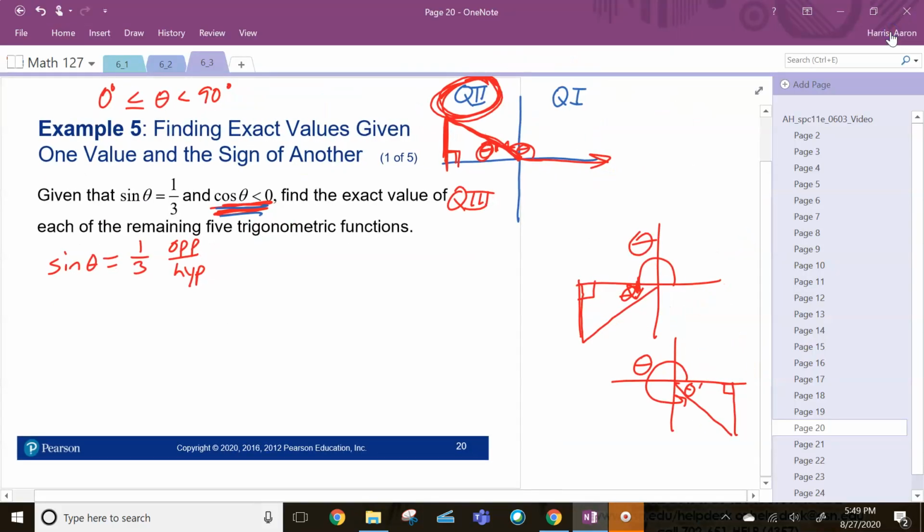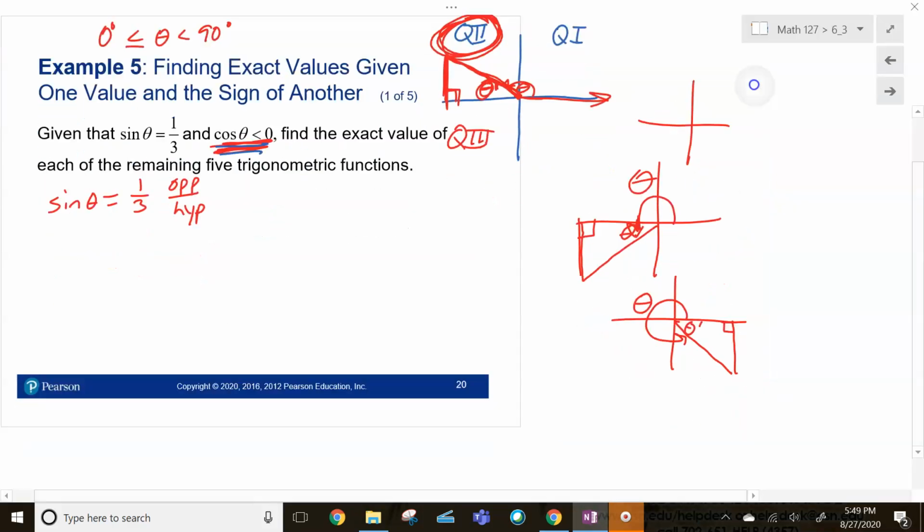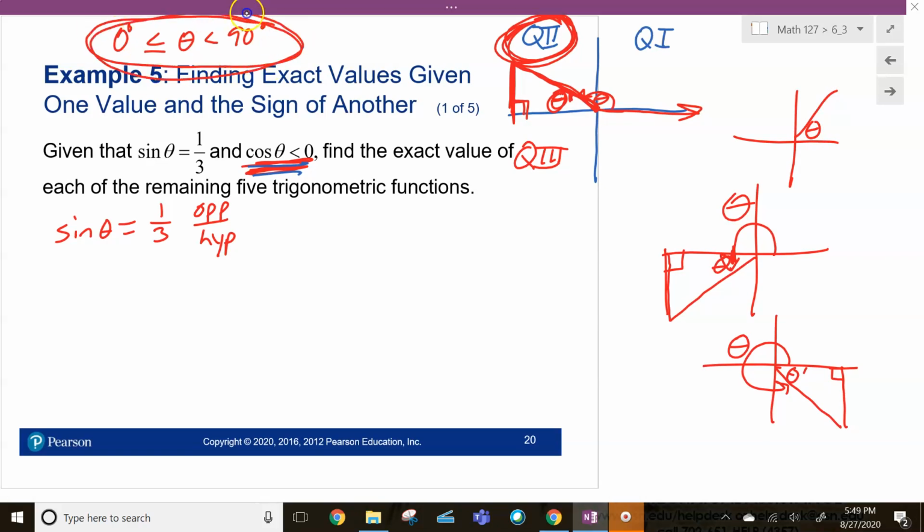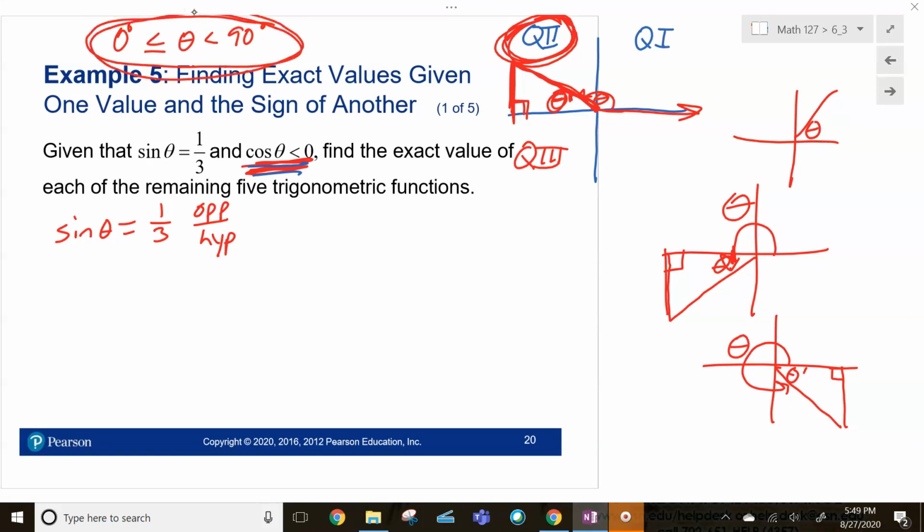If I'm in quadrant 1, it's way easy. Theta is theta prime because I meet the requirement for right triangle trig. I can still create the right angle, and theta prime is already between the terminal side and the x-axis.